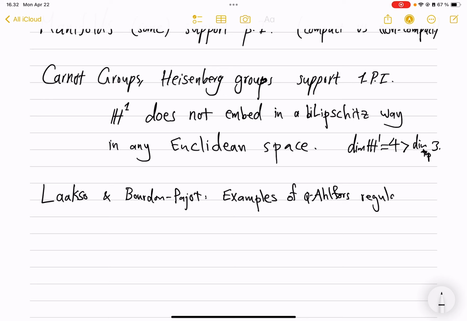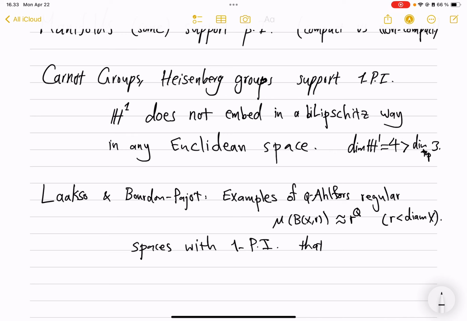Usually Poincare inequalities are paired with doubling measures or Ahlfors regular measures, which means that the measure of a ball of radius r, independent of where the center is, is comparable to r to the power Q, where r is less than the diameter of the space. So they gave examples of Ahlfors regular spaces with even the best Poincare inequality, with one Poincare inequality, where Q is not even an integer.